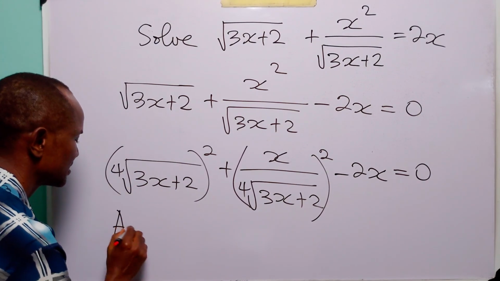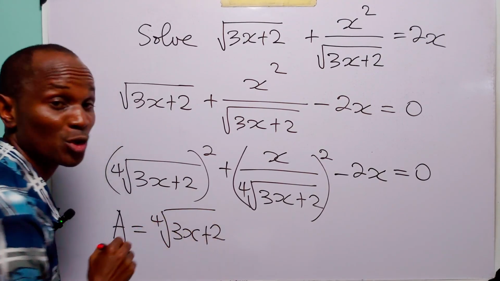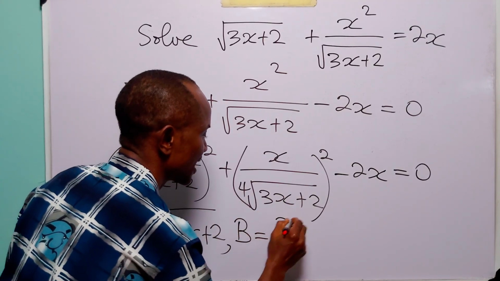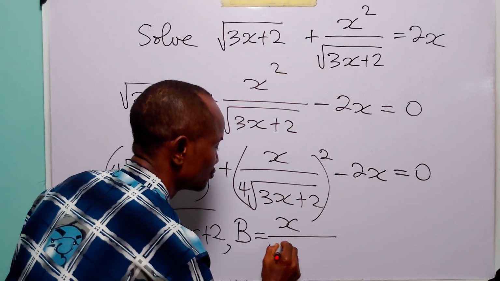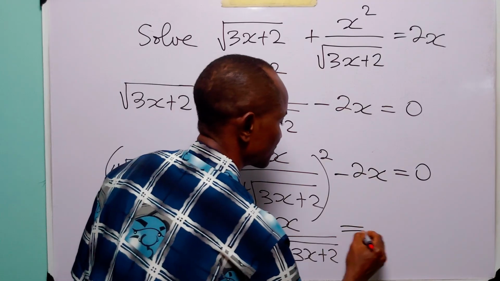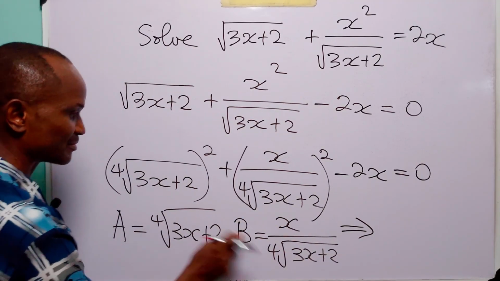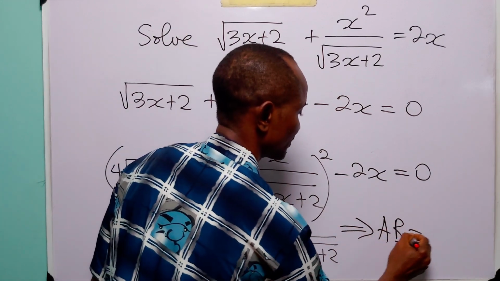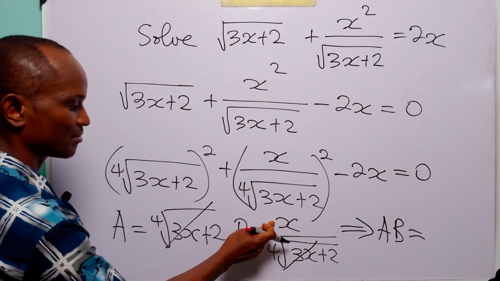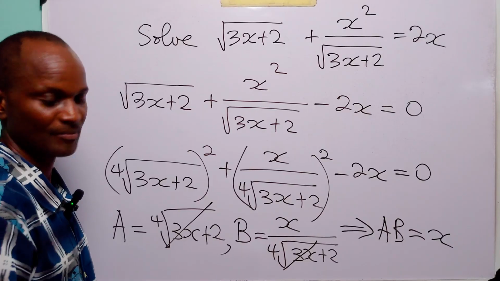That is, if a is equal to the fourth root of 3x plus 2, and we call this quantity b. That is, b is equal to x over the fourth root of 3x plus 2. You will see that when we multiply a and b, that is a times b, this takes care of this, leaving us with x. So ab is equal to x.